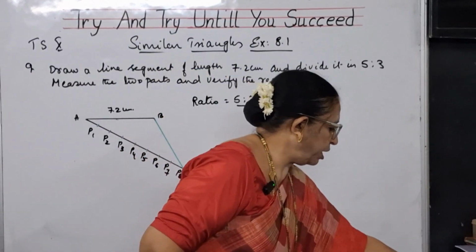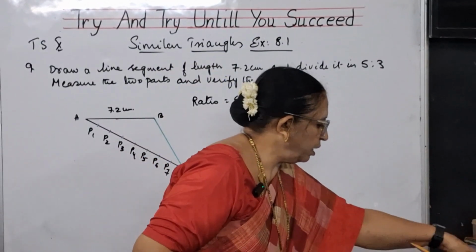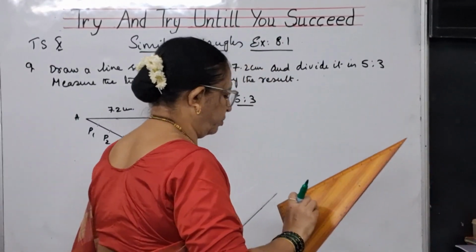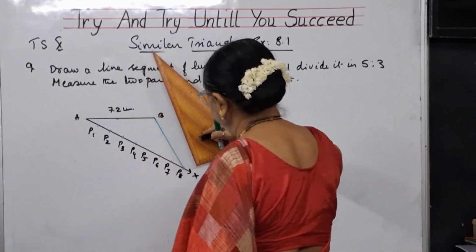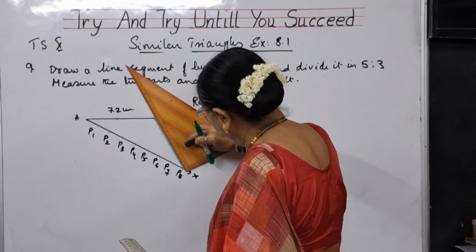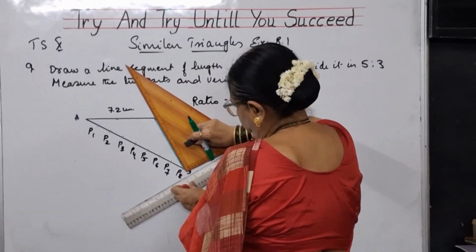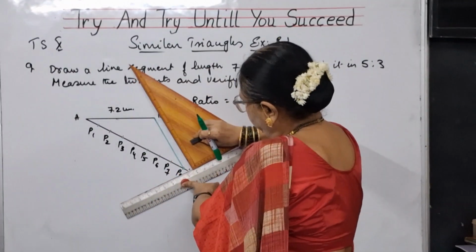How will you draw the parallel lines? Either a set square and a scale, or 2 set squares you have to use. I am using a set square and a scale. So you have to keep the set square in this way, and this is the scale I am keeping. I hope I am clear, children.